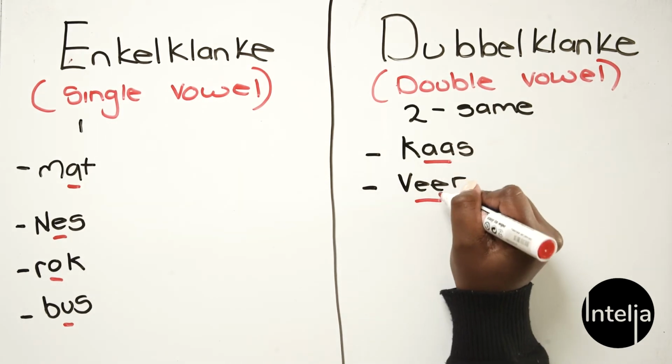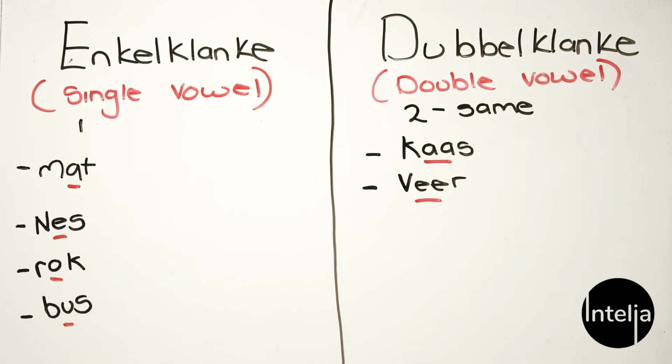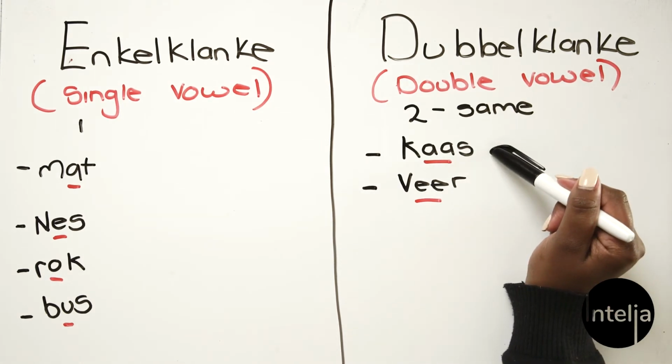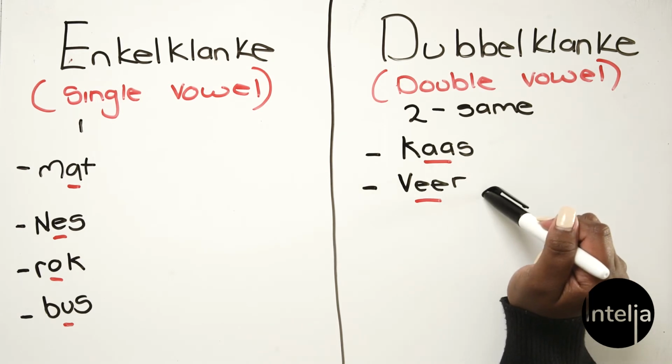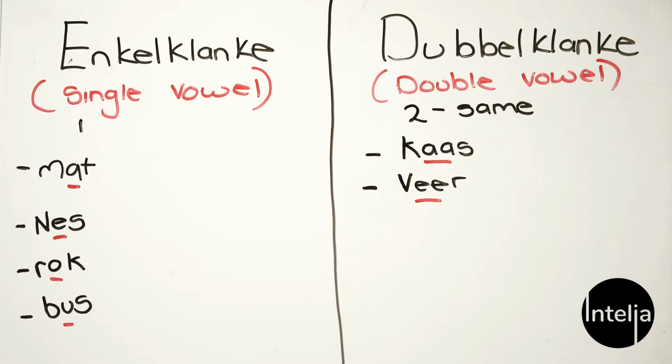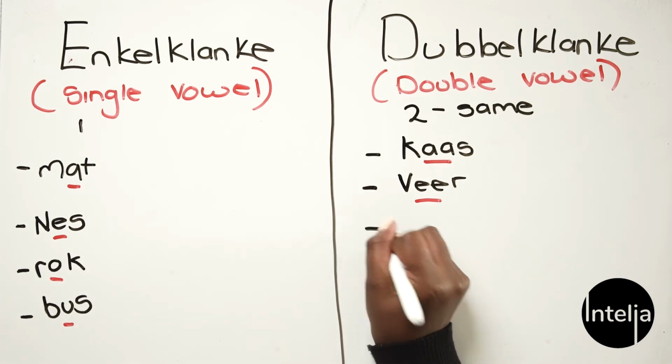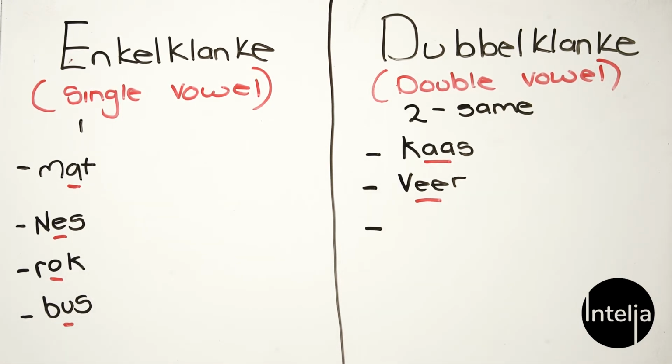As you can see, it's two vowels, but the same vowels. So our first one is gaas, which is geese, and our second one, veer, which is a feather. Can you give me a word in Afrikaans with two O's?